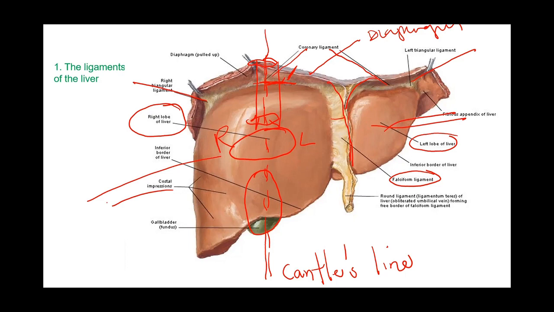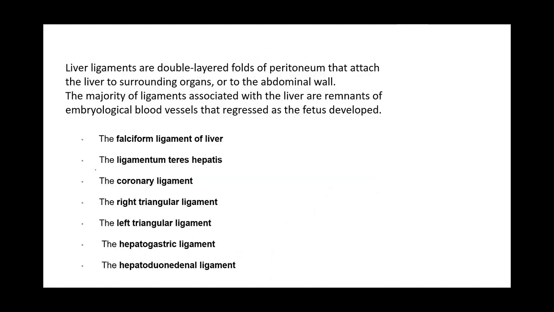Now, at the free end of this falciform ligament is a round ligament, the ligamentum teres of the liver, which is an obliterated umbilical vein, forming the free border of the falciform ligament.